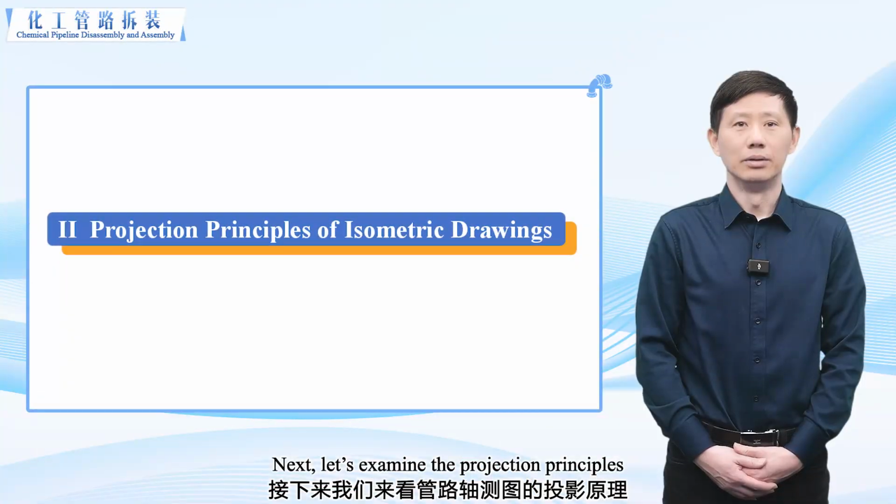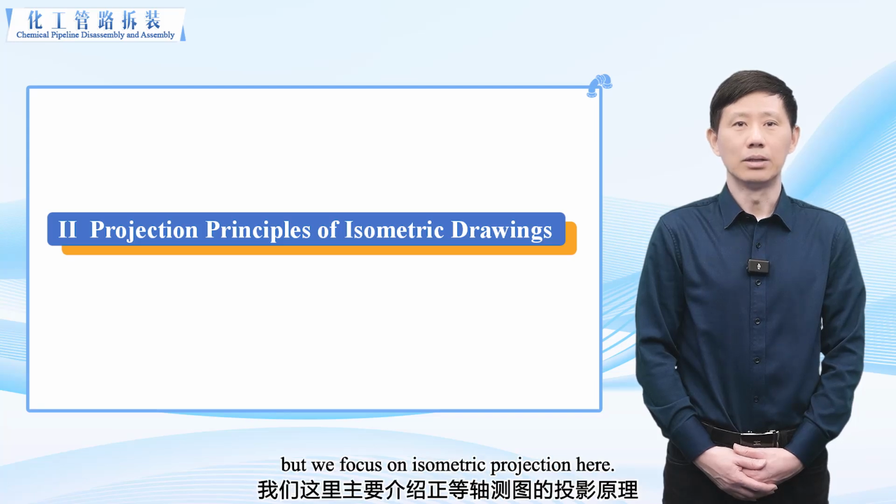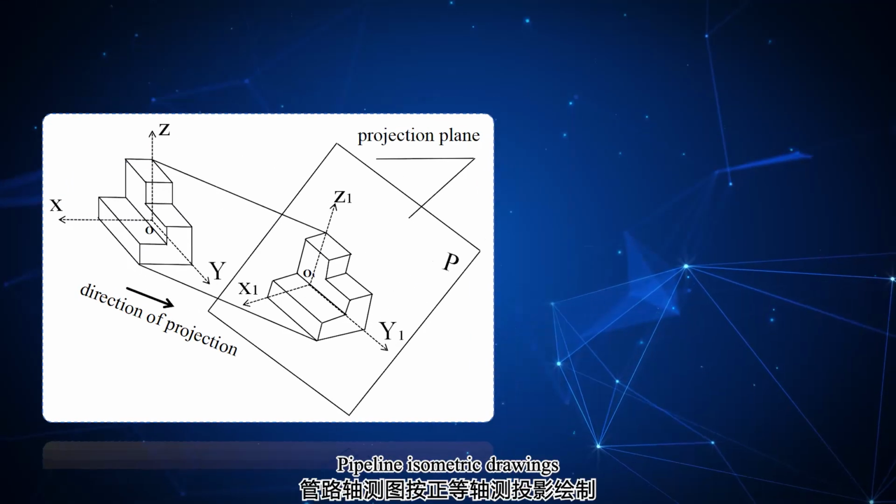Next, let's examine the projection principles of isometric drawings. Common types include isometric and oblique dimetric projections, but we focus on isometric projection here, as shown in the diagram.